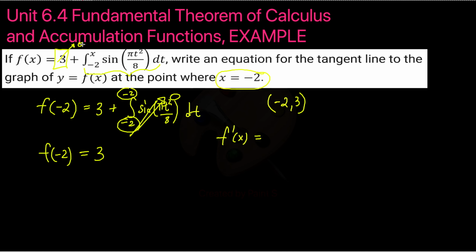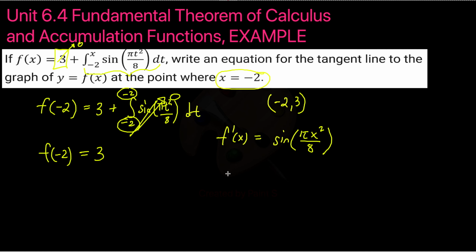So the 3 goes to 0, plus what's left is the derivative of just this part, which is just the sine of pi, but now you plug in for x squared, over 8. And then that's it. That is your derivative.